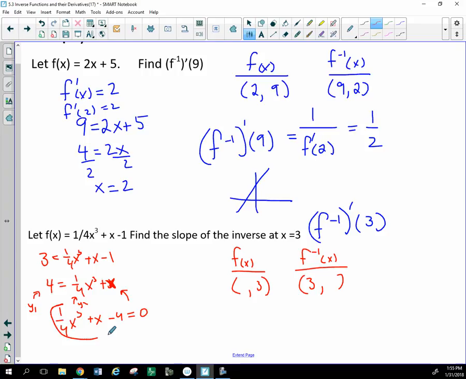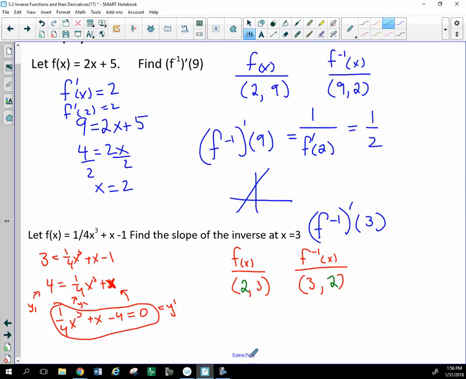This one down here, if I put that into y1, I'm looking for where it crosses the x-axis. I'll let you do that if you'd like. When I do that, I get the value of x is 2. All right, and so that's where it happens.